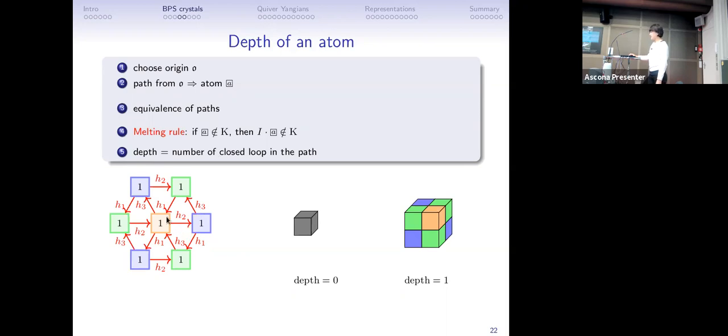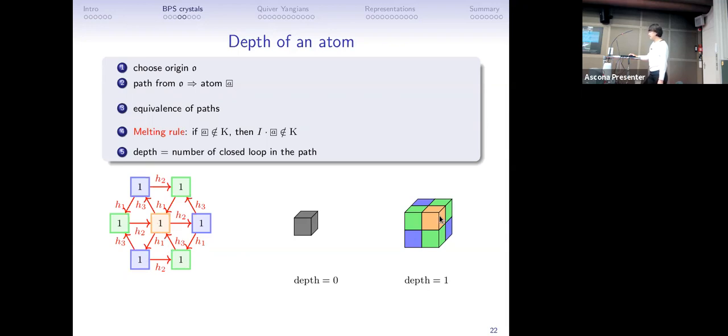If you start from this origin and follow these arrows, at some point you complete a closed loop and go back to your origin node on the periodic quiver. That means you're going deeper in your crystal. For example, this one is the first atom in your crystal, and thinking of this as a plane partition, this one is here. So you go from here to here to here, and then you go back.